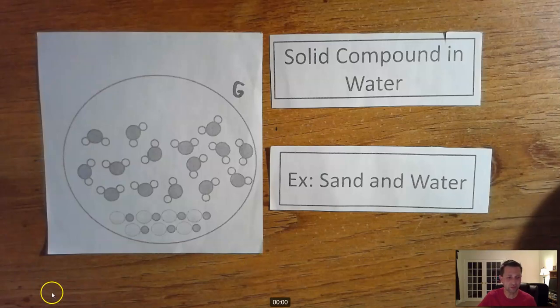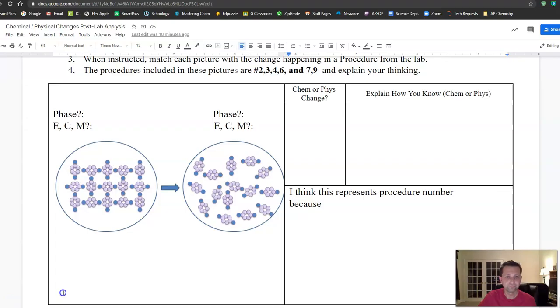So let me just try to show you the first one. Okay, and I think you could see the screen pretty well here, hopefully. So here's the first one you guys have to do. If you look at the lab, it does say these are procedures 2, 3, 4, 6, 7, and 9. So all we have here are those stations of the lab represented here.